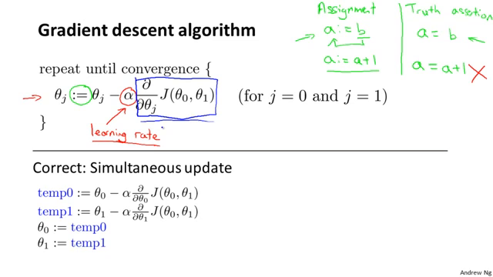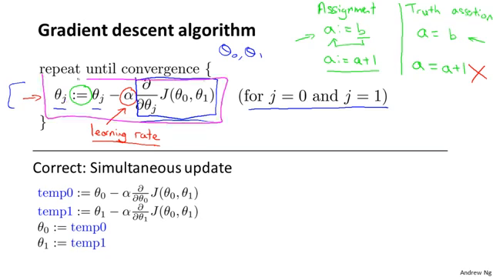Now, there's one more subtlety about gradient descent, which is that in gradient descent, we're going to update theta 0 and theta 1, right? So this update takes place for j equals 0 and j equals 1. So you're going to update theta 0 and update theta 1. And the subtlety of how you implement gradient descent is that for this update equation, you want to simultaneously update theta 0 and theta 1.